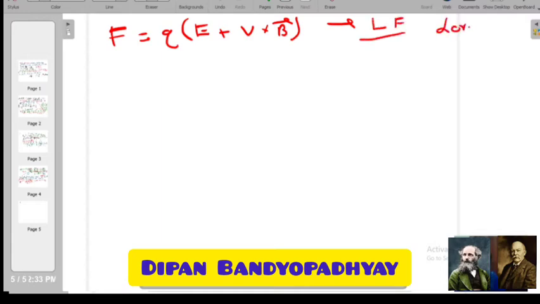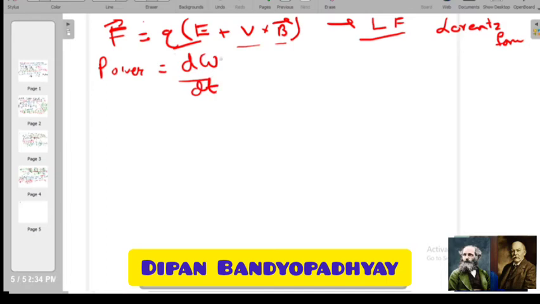Okay, so this is the Lorentz force. This you know. This part is the force due to the electric field, and this part along with the Q is the force due to the magnetic field. So this is the force acting on the charged particle. And we know that power, what is power? Power is nothing but energy per time.